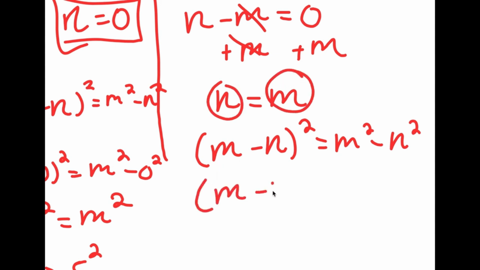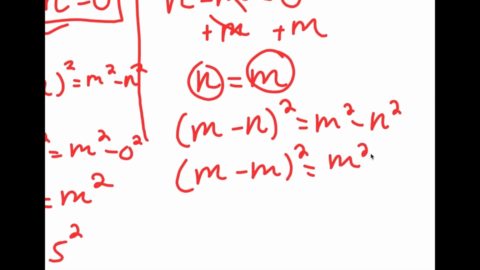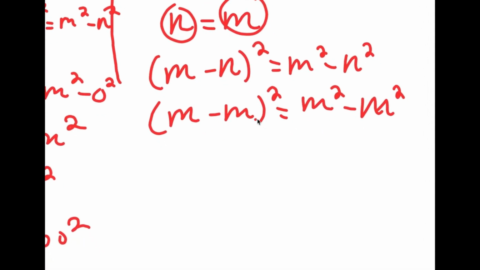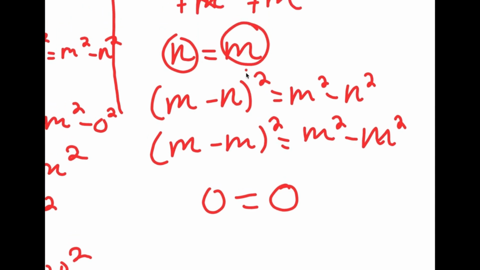So now I have (m minus m) squared is equal to m squared minus m squared. M minus m is 0, so I have 0 is equal to 0. And this means that they're both equal to 0.